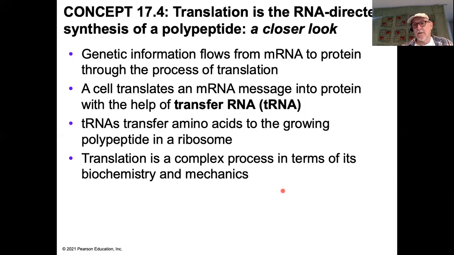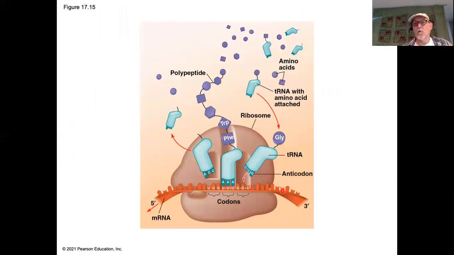And that is this incredible molecule called transfer RNA. So let's just have a look at an overview of the whole process. Here's our messenger RNA strand, single-stranded, the 5' end here, 3' end there, organized into 3 base units, each of them a codon.